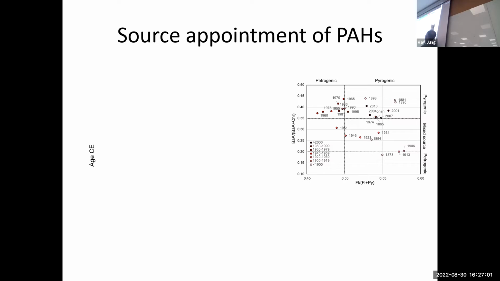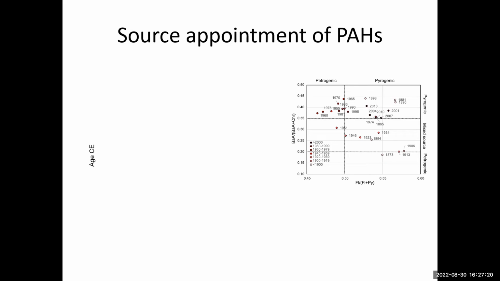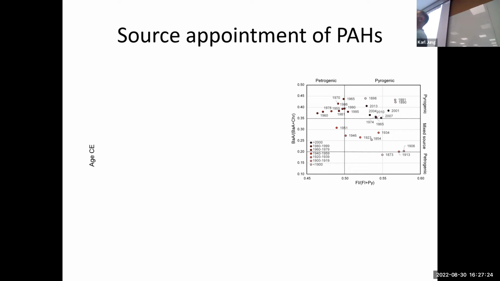So anything sitting up in this right-hand corner is from biomass burning, whereas if it would sit down in this corner, it's from liquid fossil fuels. And we get most of the young samples, the darker colors here, 2007, 2013, and so on. So the young samples are moving up to that corner.